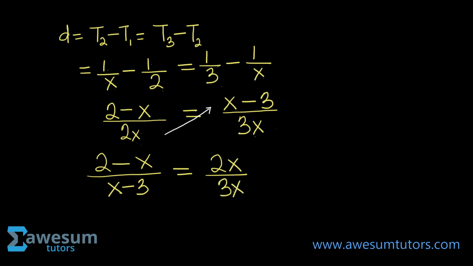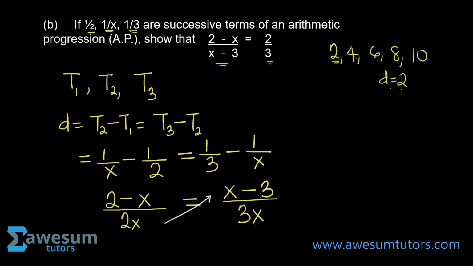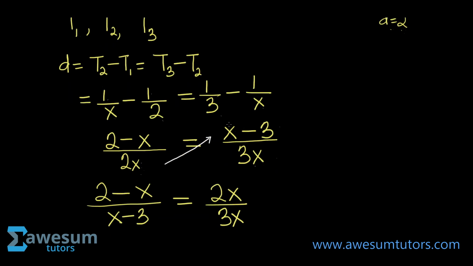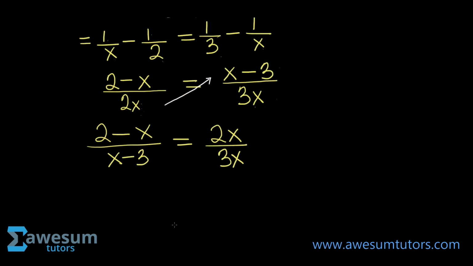Very good, we are almost there, guys. If you go back to what you have been asked to show again, what you have here is 2 over 3. We've been able to get this part, 2 minus x over x minus 3. The remaining thing is to have 2 over 3. How can we get that? You realize that x can cancel x here. So x cancels x.